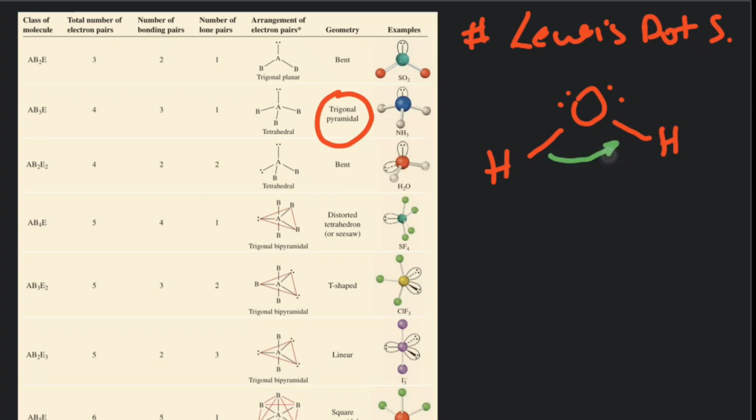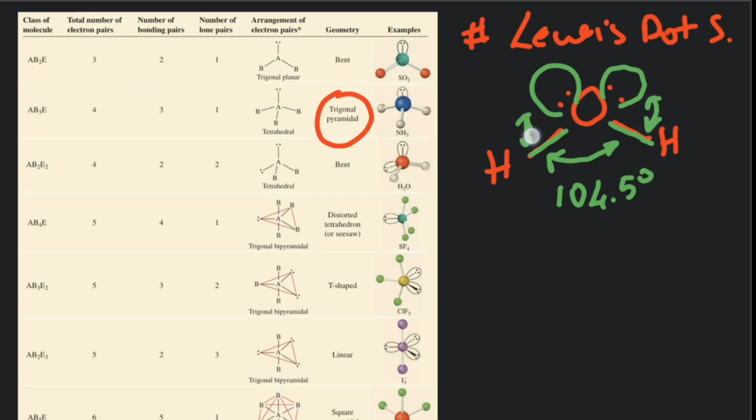The angle between the two hydrogen atoms, so this angle, is 104.5 degrees. Again, the reason is the lone pair interaction with the bonds and the interaction between the lone pairs. And this molecule has a bent structure.